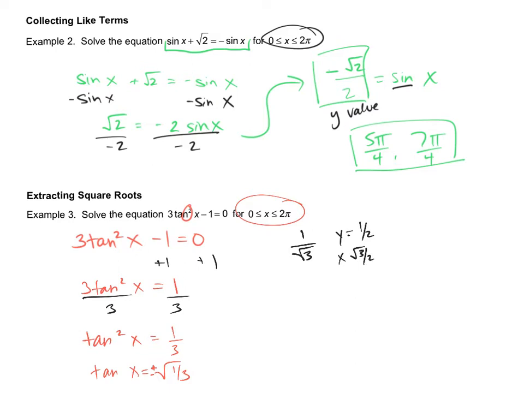So when I take 1/2 divided by root 3 over 2, those 2's cancel. And this is going to happen when that's plus or minus, and this is plus or minus. The 4 places that happen are 5 pi over 6, pi over 6, 7 pi over 6, and 11 pi over 6.